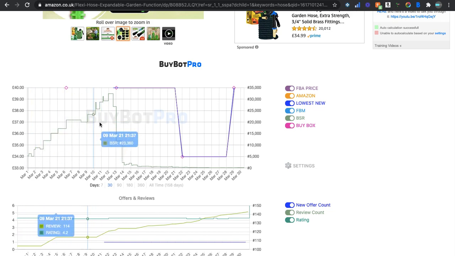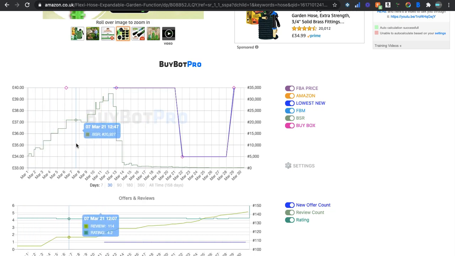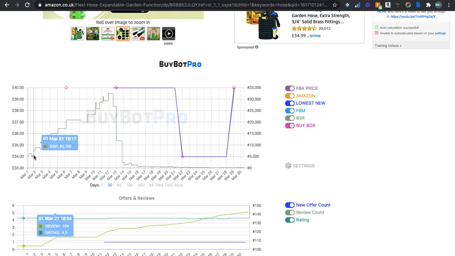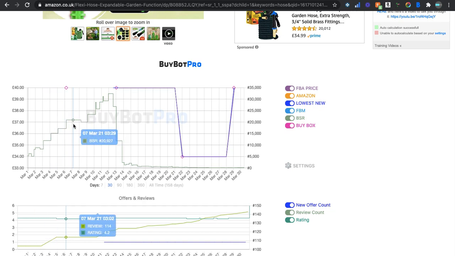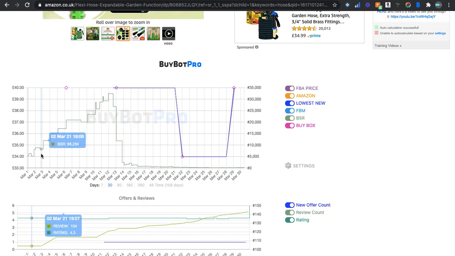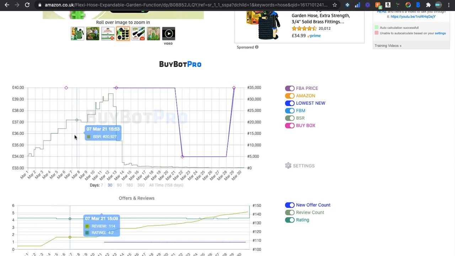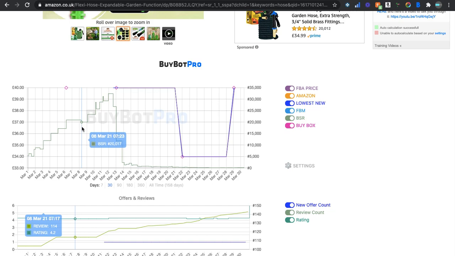So this is important to look at as well, okay? 1st of March to the 12th of March, this almost sold nothing. Now, what does this tell us? How do we understand if items aren't selling well? Well, if the BSR is going up 8,000 to 15,000 to 20,000, that generally means no sales whatsoever. As you can see, it went up and then it went down slightly there, so that means maybe one sale there, a couple of sales, but then it's going up here.